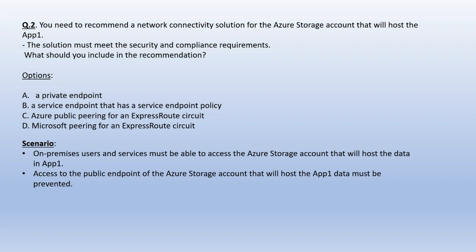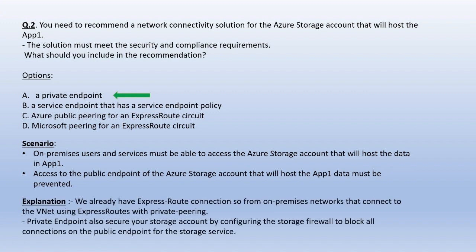Access to the public endpoint of the Azure storage account that will host the F1 data must be prevented. So access to the storage account is prevented for the public, and we already have an ExpressRoute connection as well. So if you try to guess the answer, the correct answer is a private endpoint.